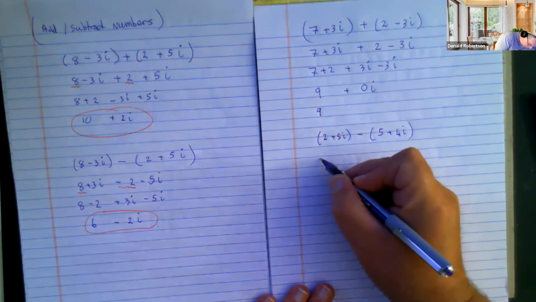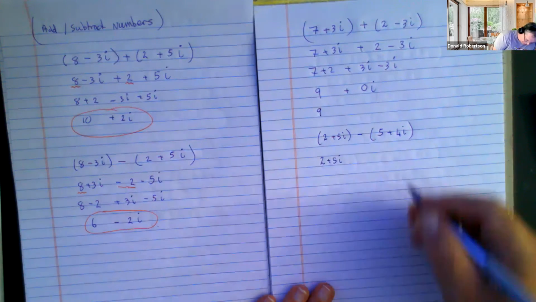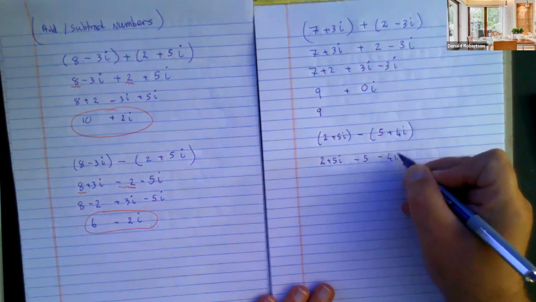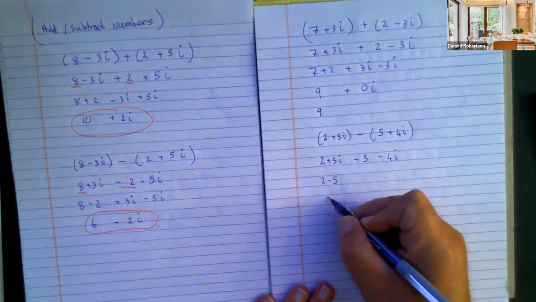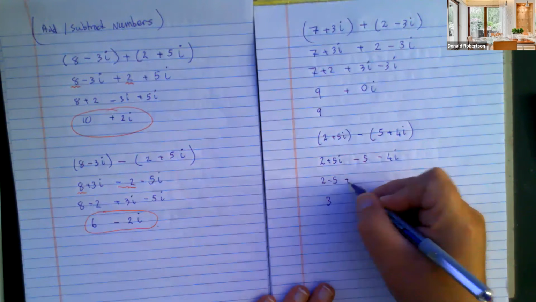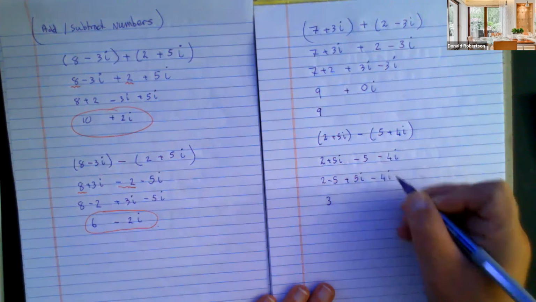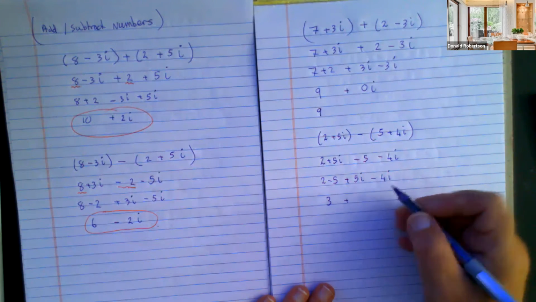Now in this case, you're going to be subtracting. So nothing happens to the first complex number, but you subtract the next one. So you subtract 5 and you subtract 4i. Now when you collect the like terms together, you get 2 take away 5, which is negative 3. And you have positive 5i take away 4i. And again, the temptation might be, well, 5 of these take away 4 of these.